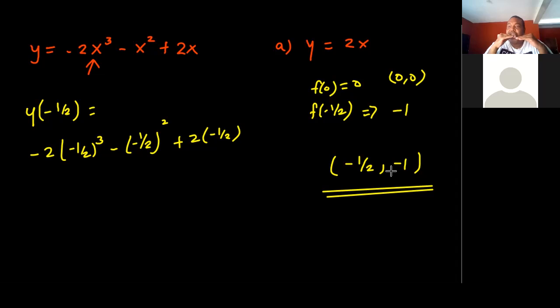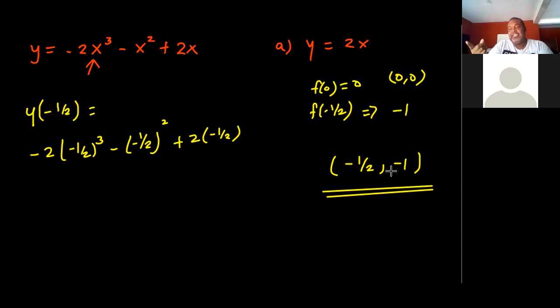That's how I find points that intersect. Meeting is another word for intersecting when it comes to graphing. When I equate these functions, I found 2 points, 0, 0, and minus 1/2 and minus 1. Turns out I had already found 0, 0 in the first part of this problem, and it's asking for the other point.